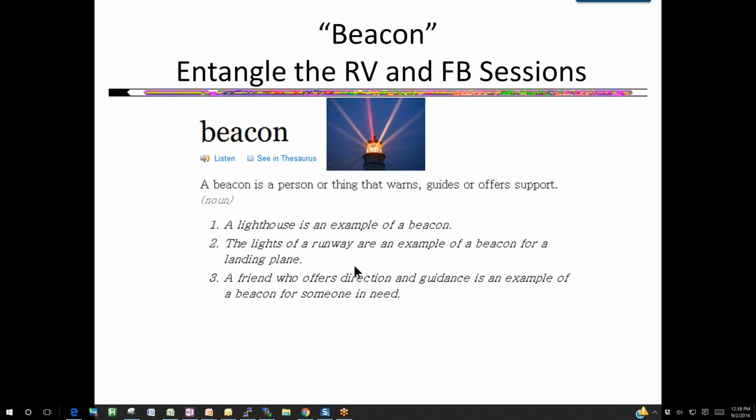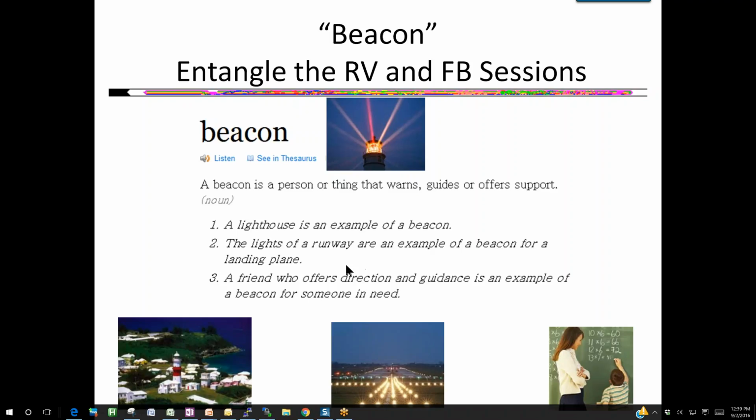The lights on a runway, a friend, who offers direction and guidance. All of these are kinds of beacons. Here's the lighthouse example. Here's a beacon which an airplane uses, right? The beacon guides him right to his landing strip. And then this idea of a friend. A beacon is your friend.